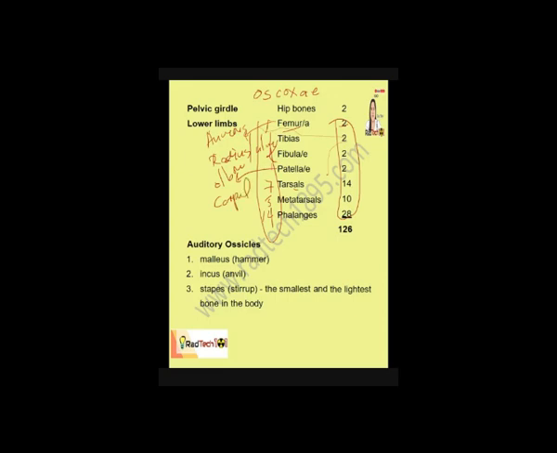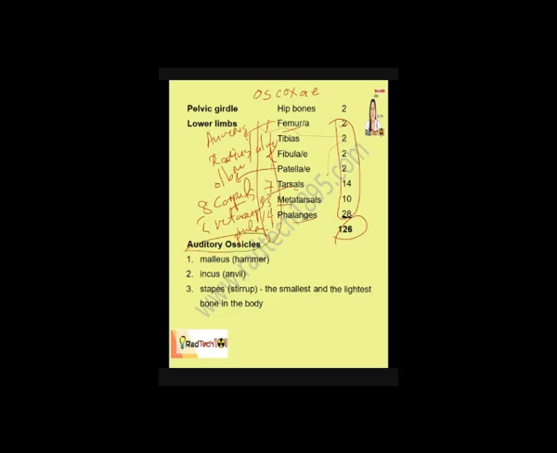Sa kamay, 8 ang carpals, sa paa, 7 ang tarsals. Metatarsals, the same with metacarpals, 5. Then phalanges, the same also. Phalanges din ang tawag sa kamay, 14 din. So, the total of 126.